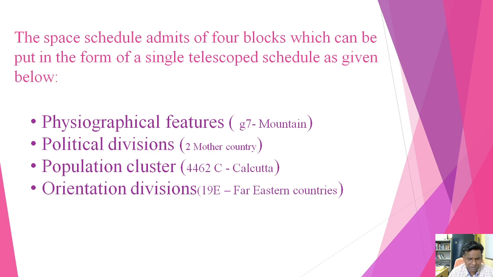Orientation divisions are indicated for one world or by some specific narrowing of their entities. For example, we have 19E for Far Eastern country. A dot is omitted before the orientation division. So these are the space schedules admitted into 4 blocks so that we can have more specific classification.